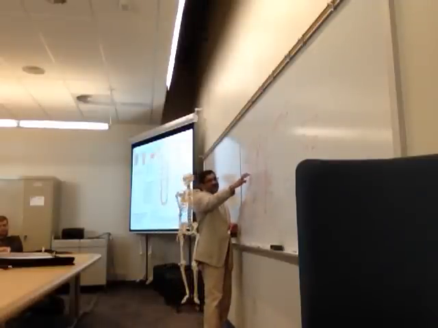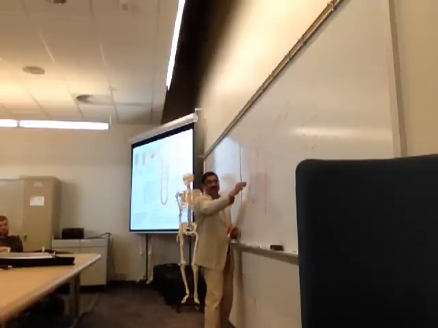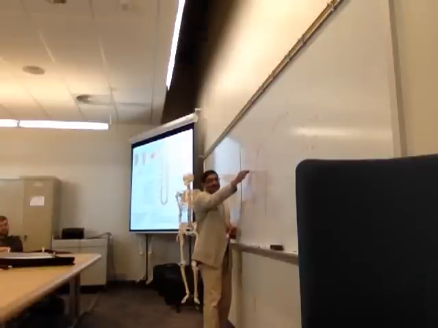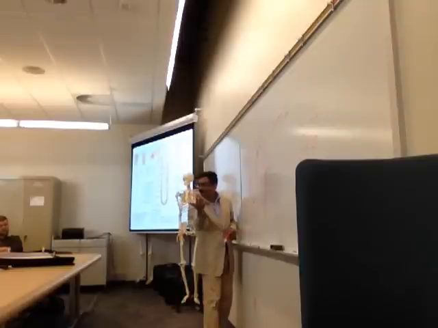Now, while the fluid is going down through the descending limb of the loop of Henle, is the concentration increasing or decreasing? Because water is getting out, right?